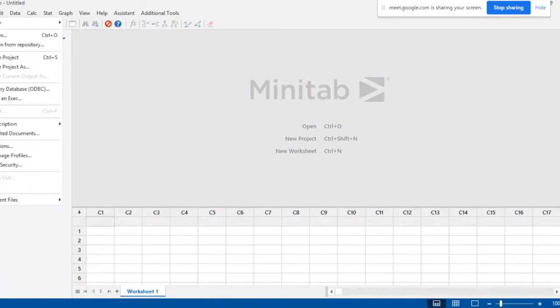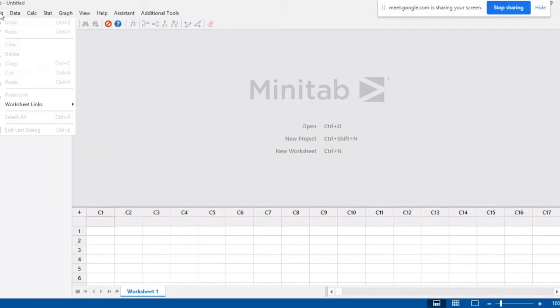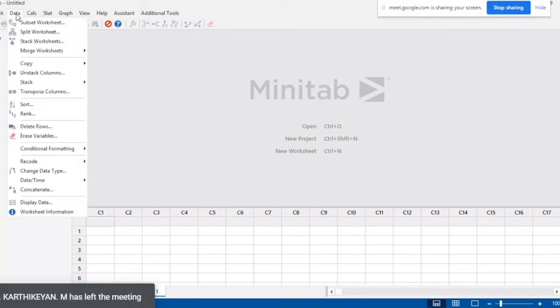Here we have the file menu. We can open a new project or new worksheet. If you go to Edit, similar to Excel, you can undo, redo, copy, paste, all these options are available.